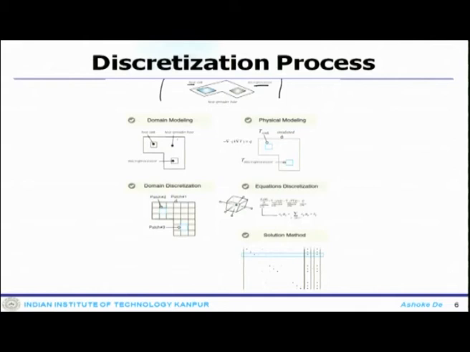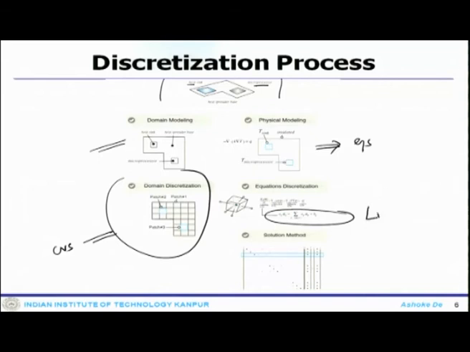Domain discretization takes care of the whole domain, physical modeling gives back my equations, finally domain discretization takes into account the control volumes, then you come down to a linear system and you get a solution which will be the physical phenomena. So that is how the whole process actually works.